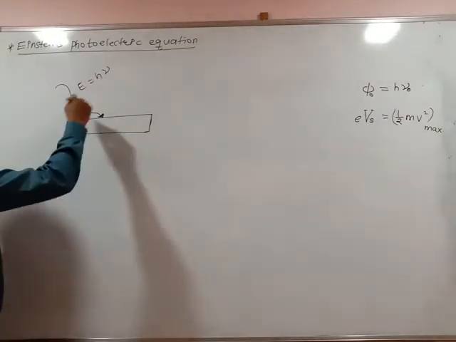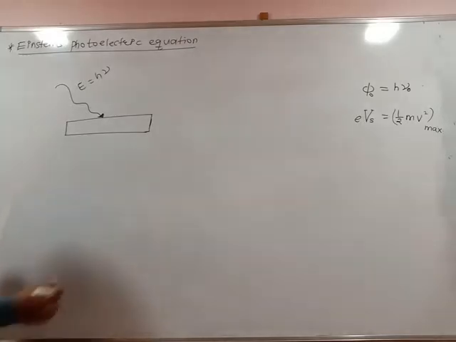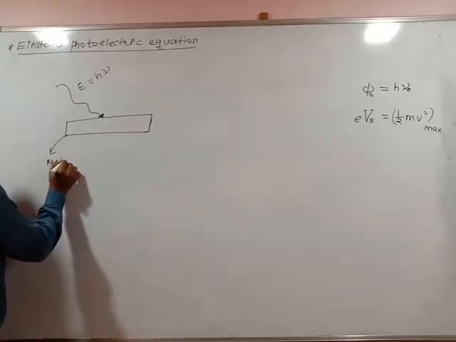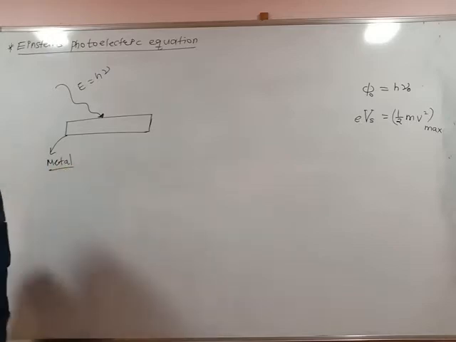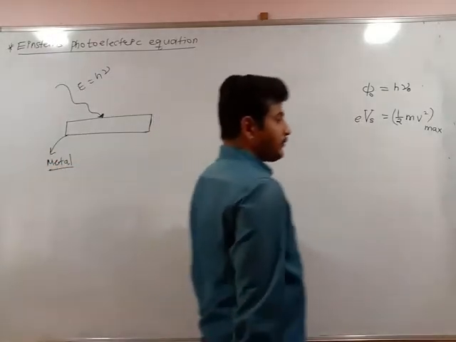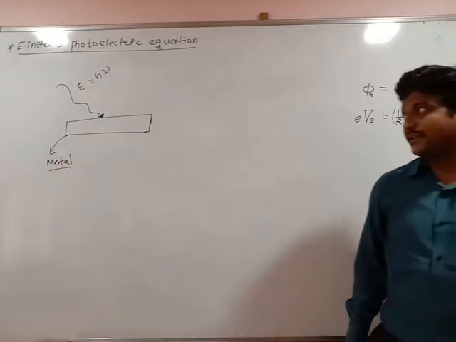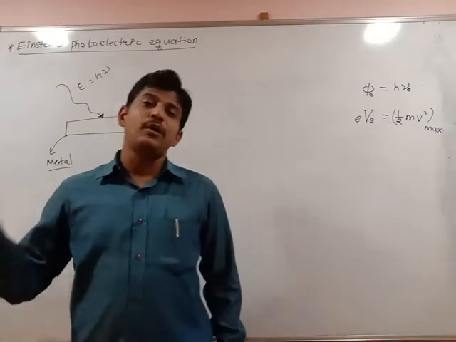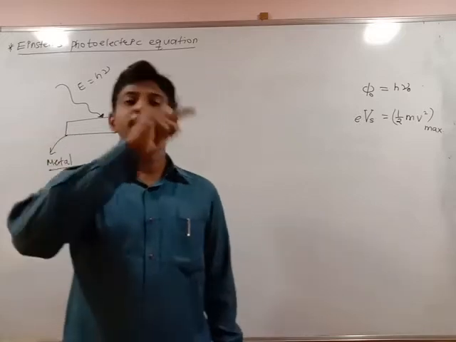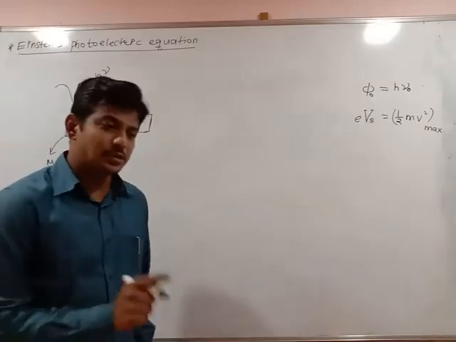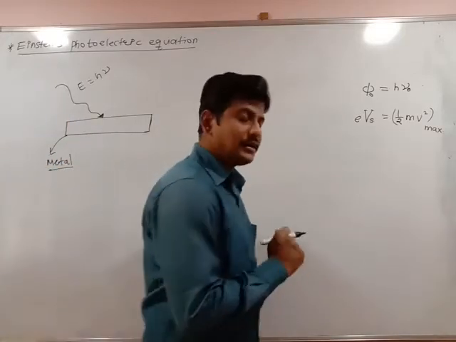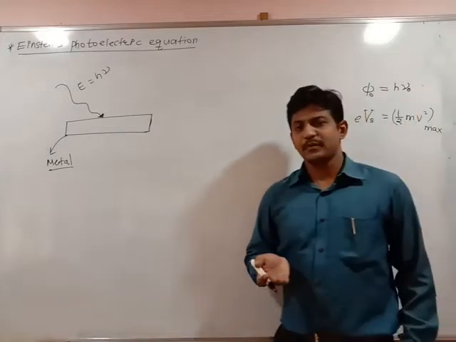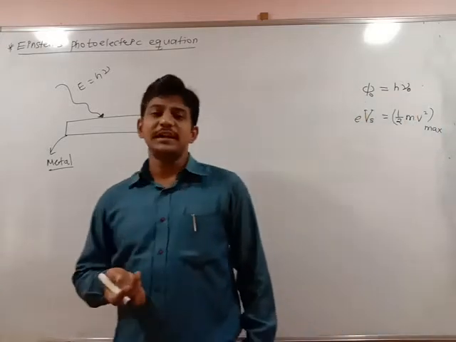The metal is made up of a number of atoms, and the atoms consist of outermost valence electrons. When these valence electrons receive the energy from the photon, they break the bond from the nucleus and eject from the outermost orbit, pass through the circuit and carry the electrical current. That was the photoelectric current, and the effect is said to be the photoelectric effect.